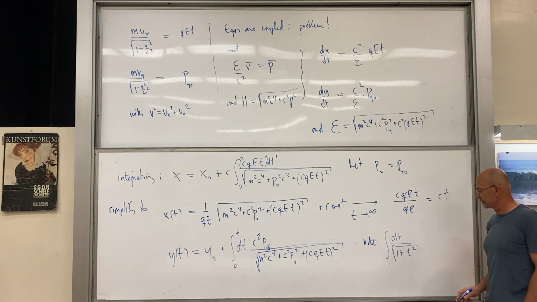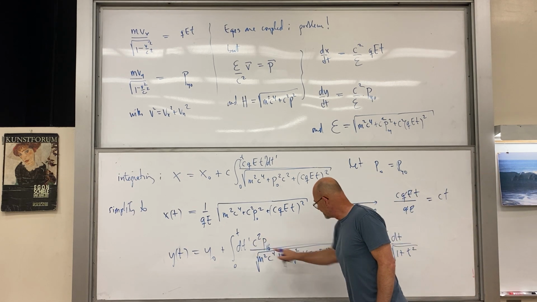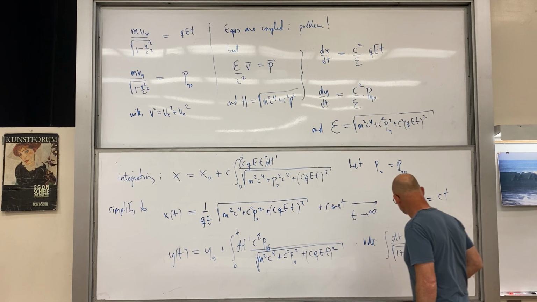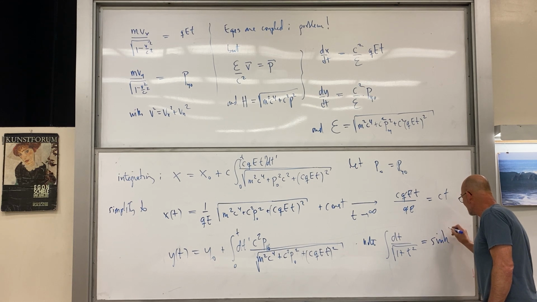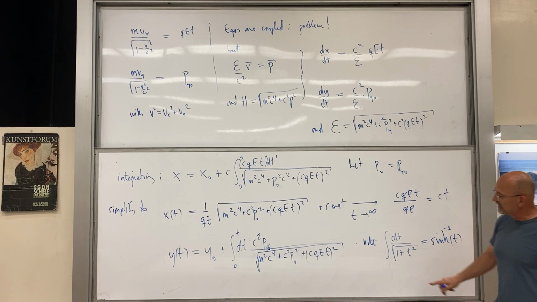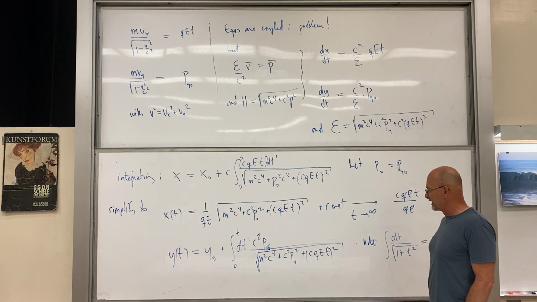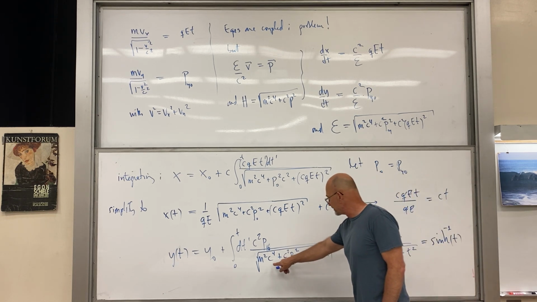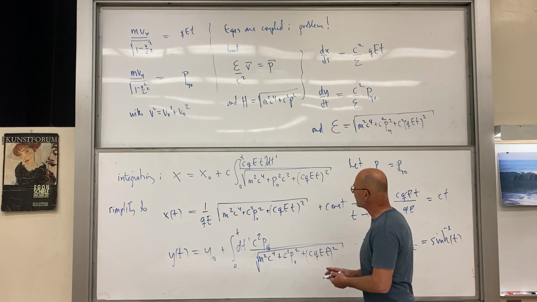That's the basic integral that you're looking at here, the dt and the t prime. And that is the inverse hyperbolic sine of t. So this integral is going to be the inverse hyperbolic sine, and you can do that in a couple of steps. You can pull this out, divide top and bottom. I'll do a couple steps.